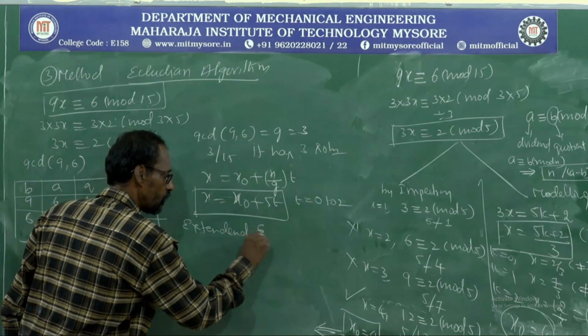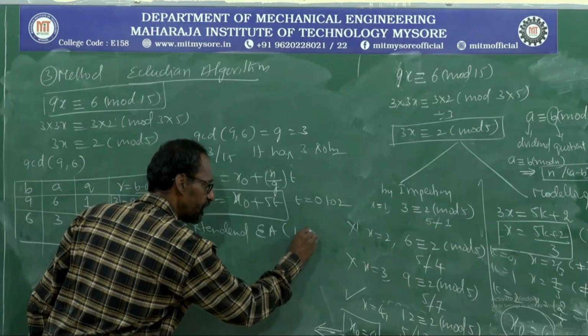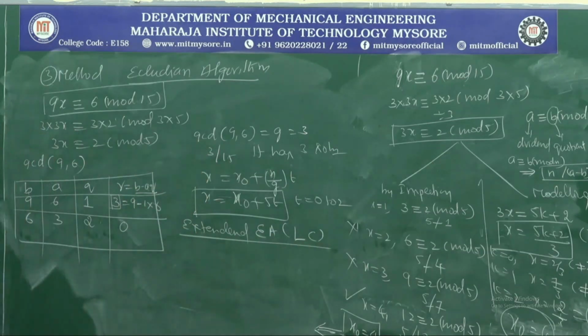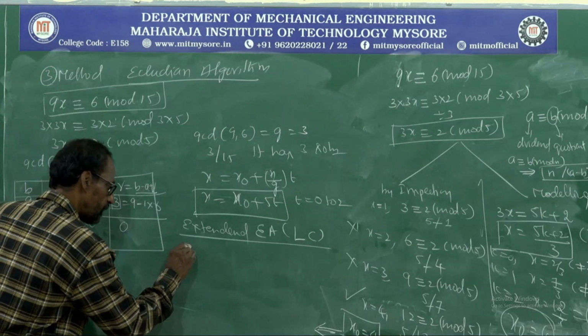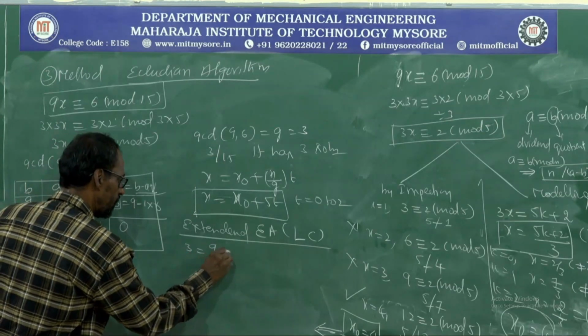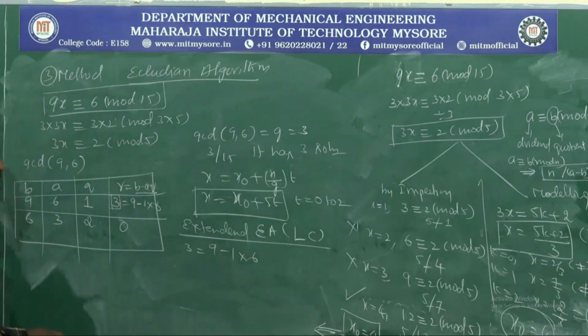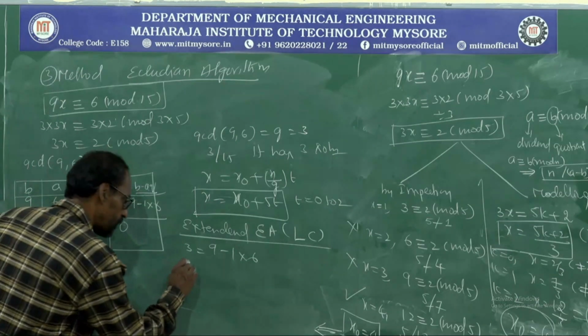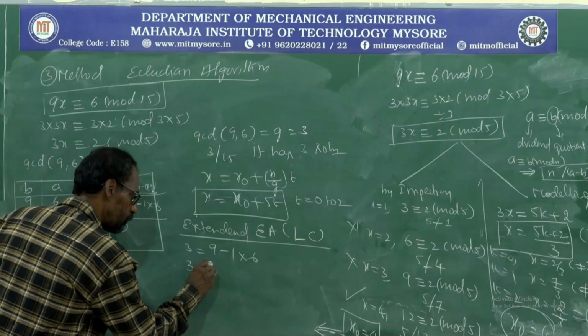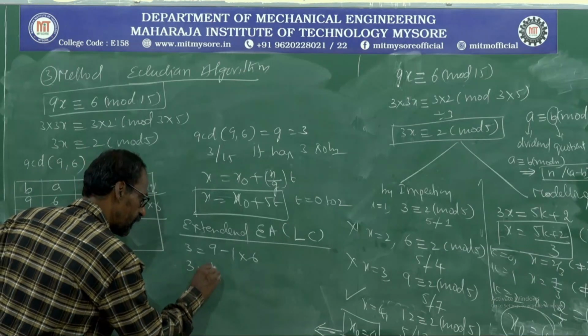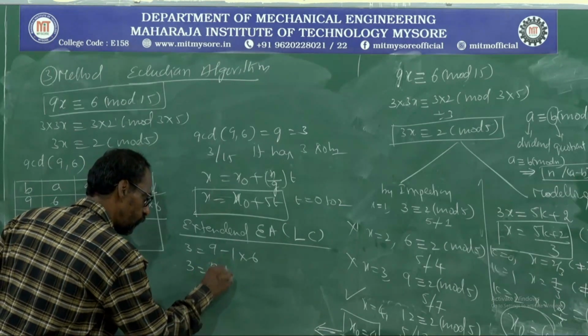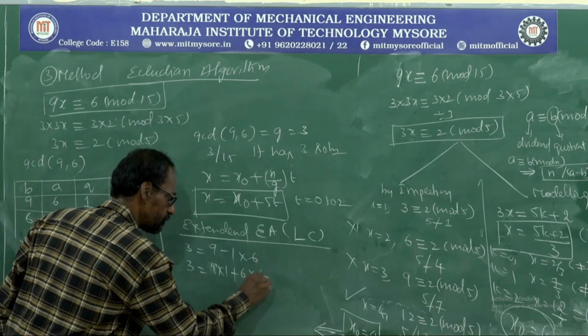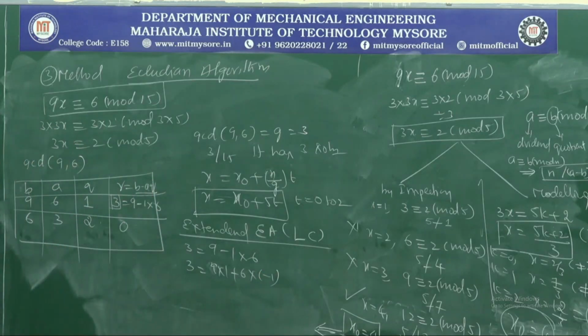The extended Euclidean algorithm is basically a linear combination. We can write 3 equal to 9 minus 1 into 6. So we can write 3 equal to 9 times 1 plus 6 times minus 1.